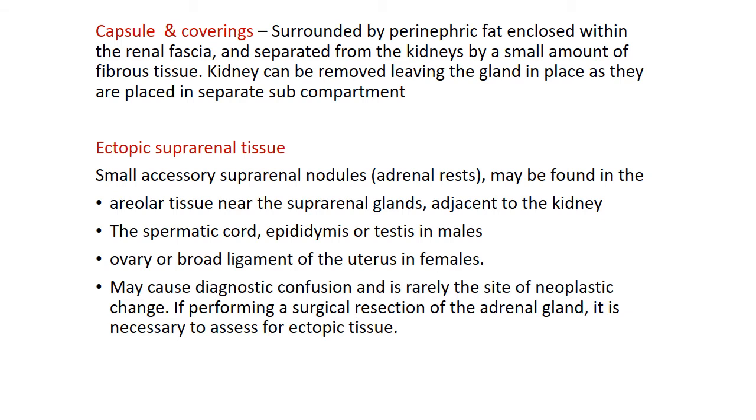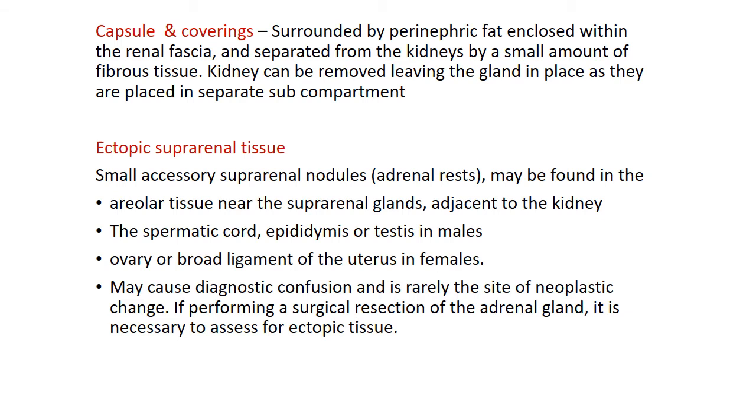Now we saw the normal placement of the gland. It is possible that some ectopic suprarenal tissue can be found in the areolar tissue near the suprarenal glands, adjacent to the kidney, the spermatic cord, epididymis and testis in males. They can be found in the ovary and broad ligament of the uterus in females, and they can be a cause of wrong diagnosis.